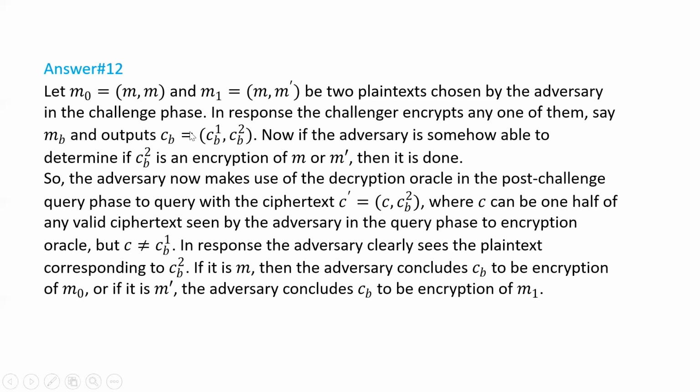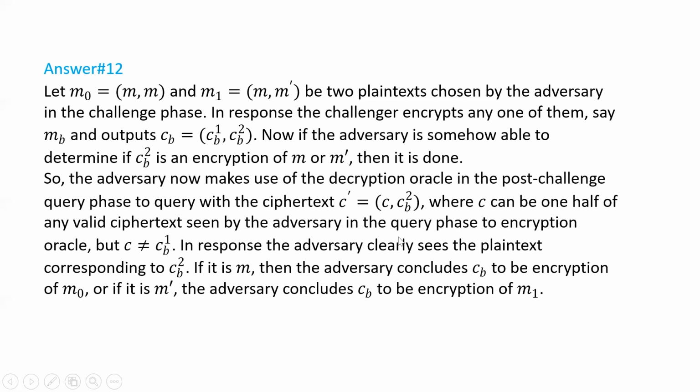Of course, C dash is not equal to the challenge ciphertext CB, but the second part is exactly equal to the second part of the challenge ciphertext, CB2, for which we need to know the underlying plaintext, whether it is M or M dash. And C can be any valid ciphertext seen by the adversary in the query phase.